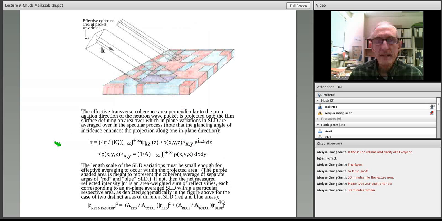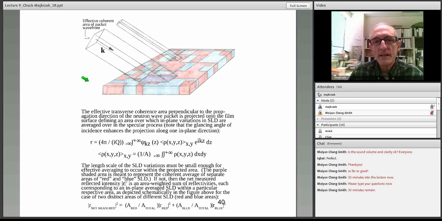The biggest implication, I suppose, for reflectometry is that it's very important what the transverse extent of this plane wavefront in that wave packet is, the finite dimension here. Because suppose we have a sample that does have variations in plane in the scattering length density.